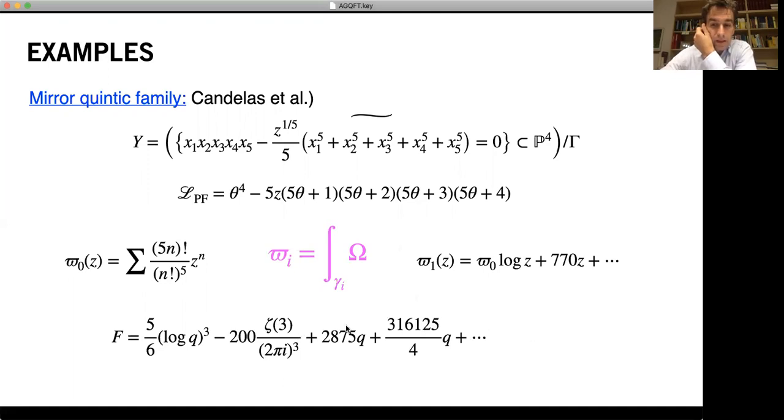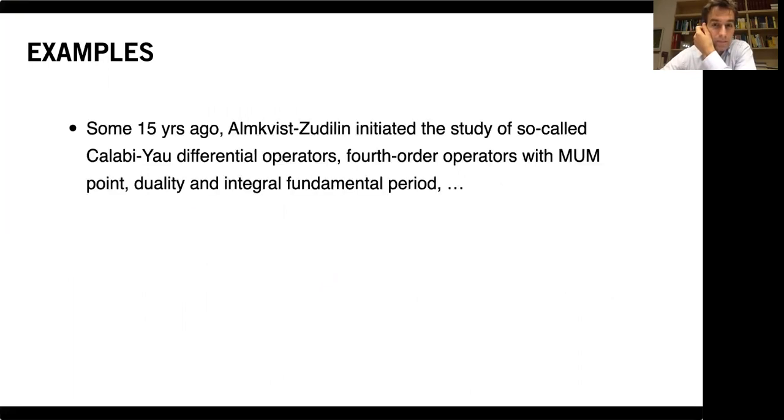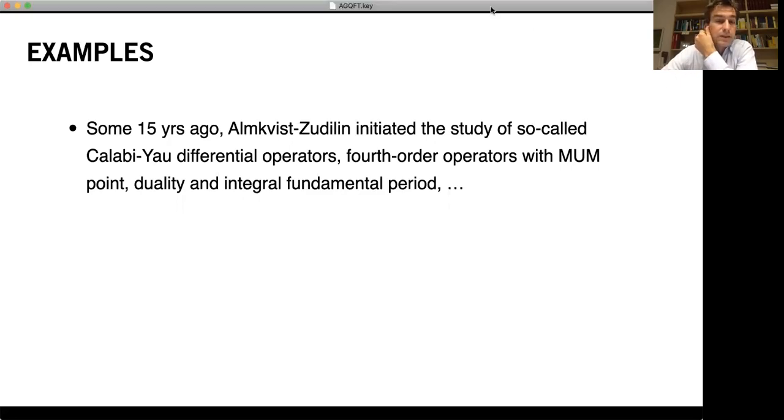This tail here is a zeta function with rational coefficients. There are many examples, but the point I want to make is that there's no a priori reason why there should be this rational structure.